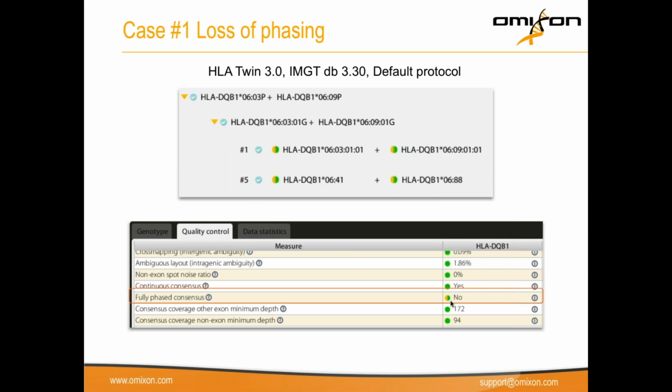Because this is a second field ambiguity, it's important to resolve it before reporting the result. So how can this be resolved? Fully phased consensus QC metric is referring to the so-called phasing track in the genome browser. So let's jump in the genome browser to inspect it.